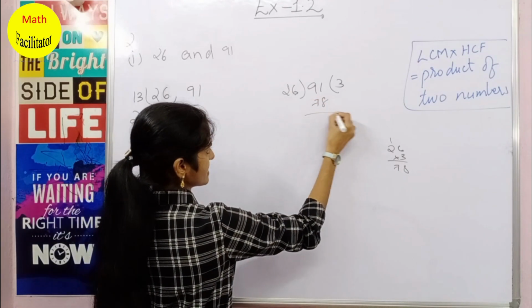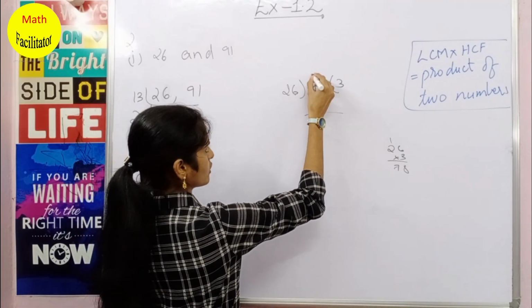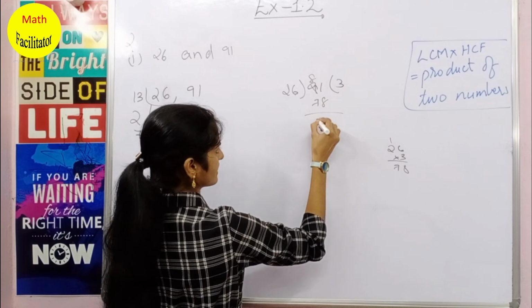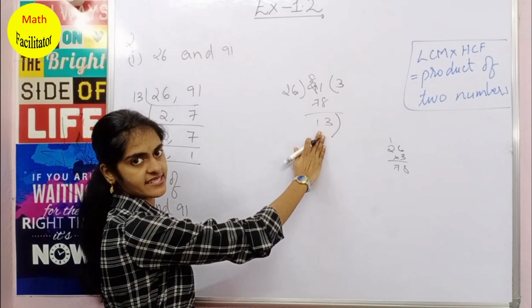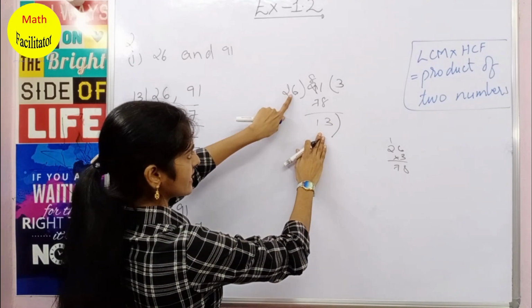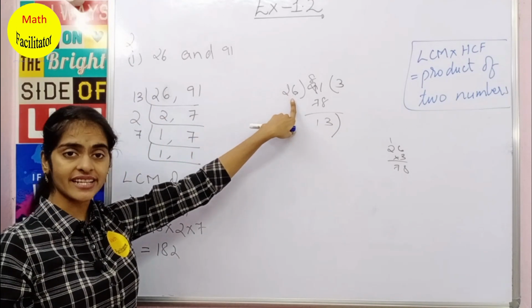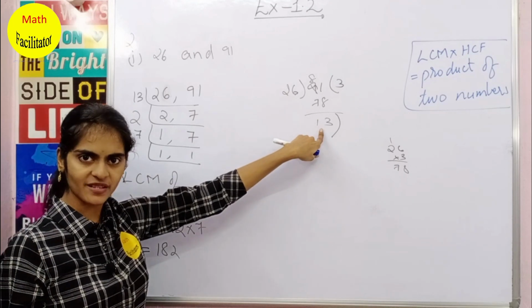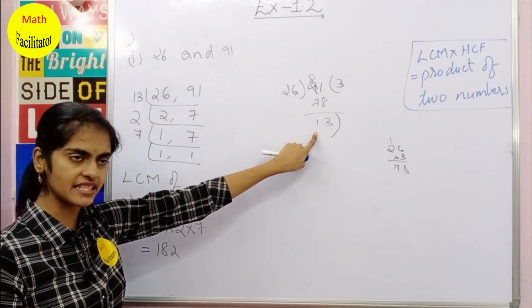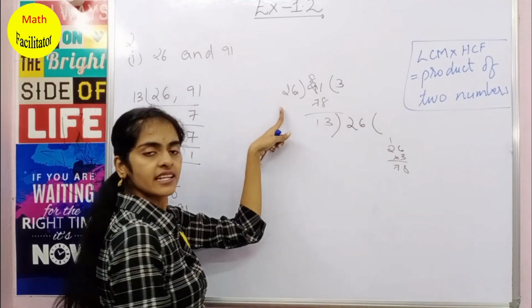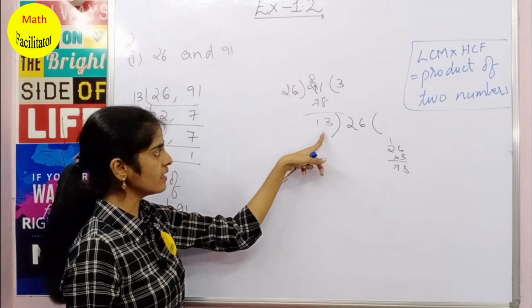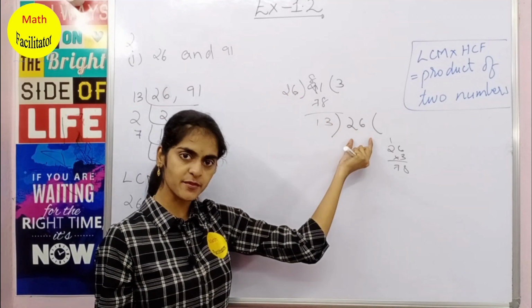Subtracting, you have 13. Now 13 becomes the divisor because 13 is smaller than 26, and this is the remainder. So this 13 becomes the divisor and this becomes the dividend. Whenever you get a remainder, you write this as the divisor in the next step.